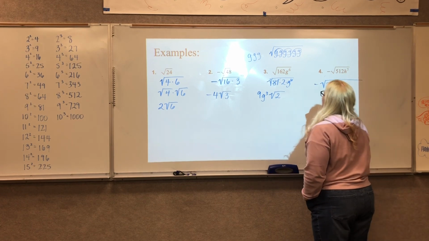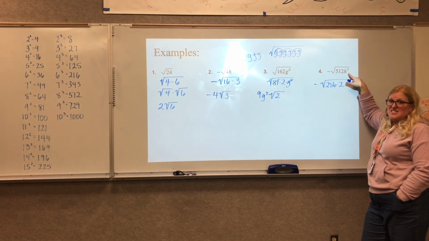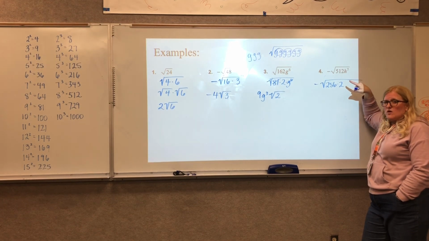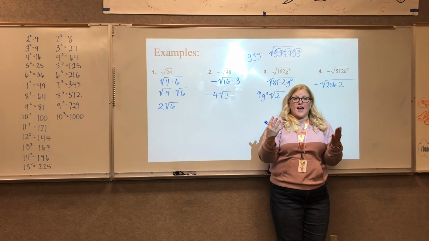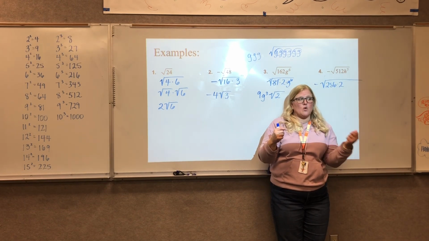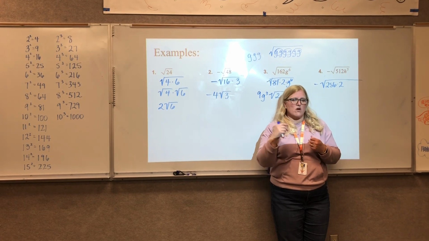I do have a problem though. H to the 7th is not a perfect square. But there is a perfect square that goes into H to the 7th. Remember, I can take H to the 7th and cut it up any way I want. I could do H squared times H to the 5th. I could do H to the 3rd times H to the 4th.